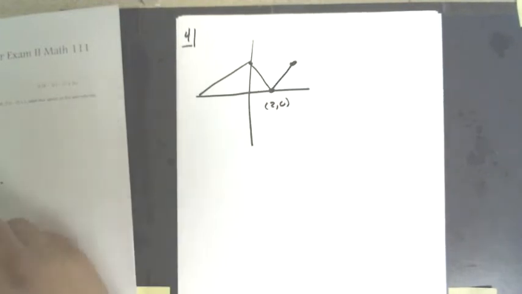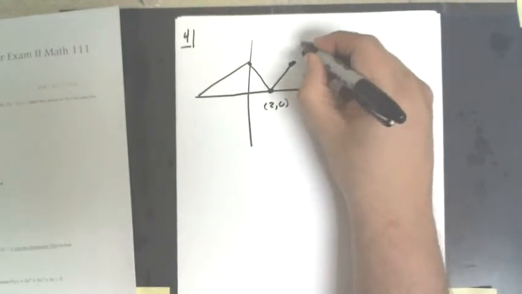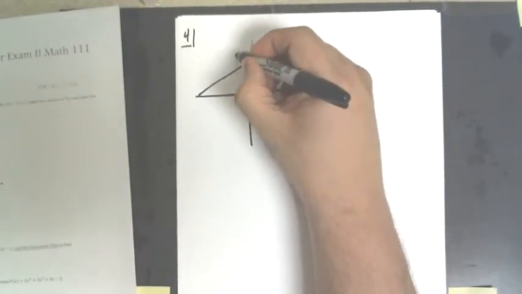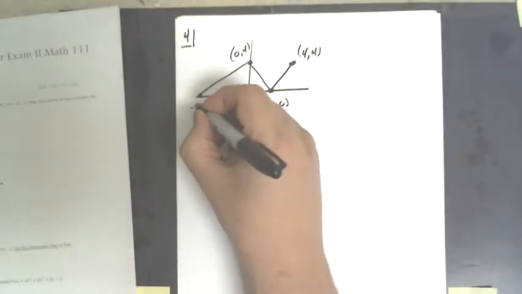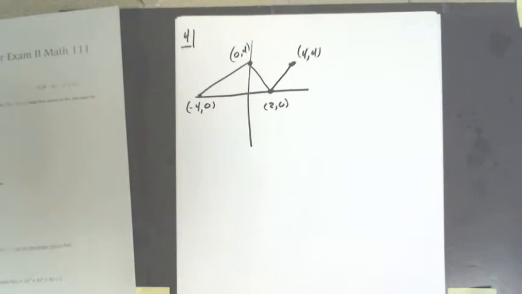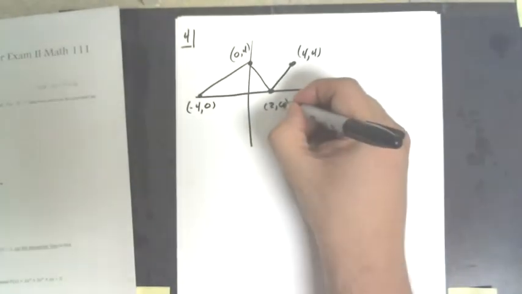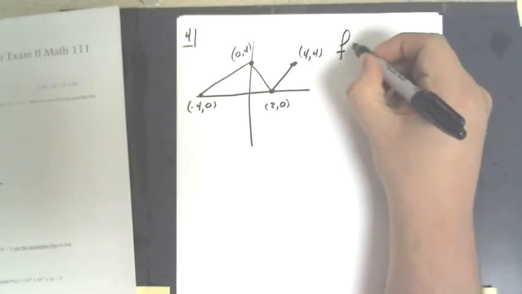This point up here looks like 1, 2, 3, 4. 1, 2, 3, 4. That looks like 4, 4. This point looks like 0, 4. This point looks like 1, 2, 3, -4, 0. Well, I wasn't feeling too creative. Oh well, that's okay. So this is our function f.